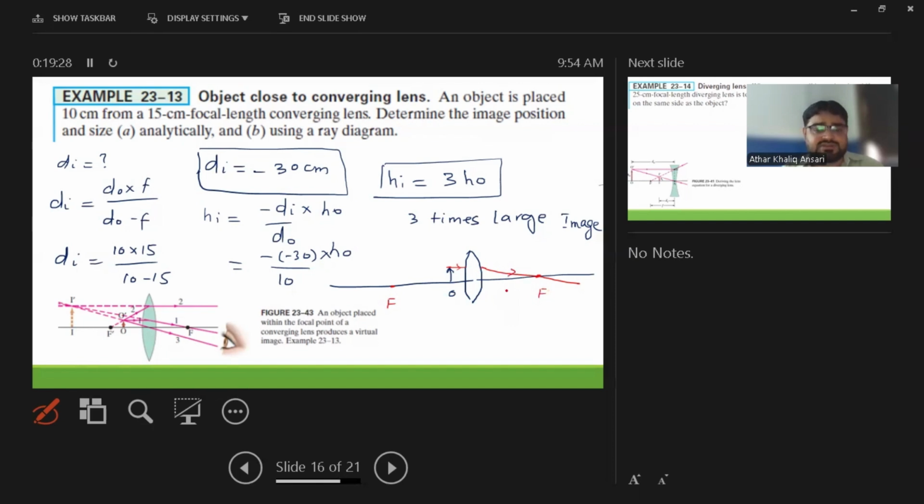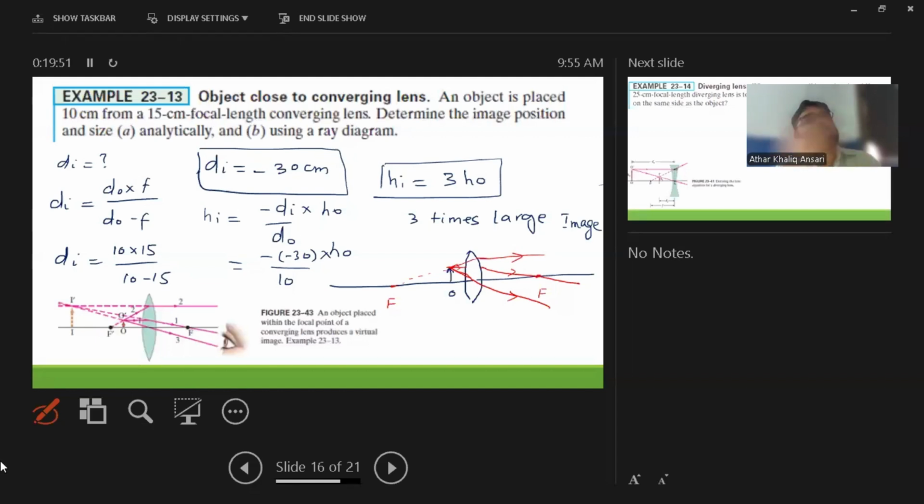Okay. Now I just make it the same. The second one, if passing through the optical center, it will go straight without any change. And the third one that seems to come from the focus, this ray will become parallel. Okay, these are the three rays.